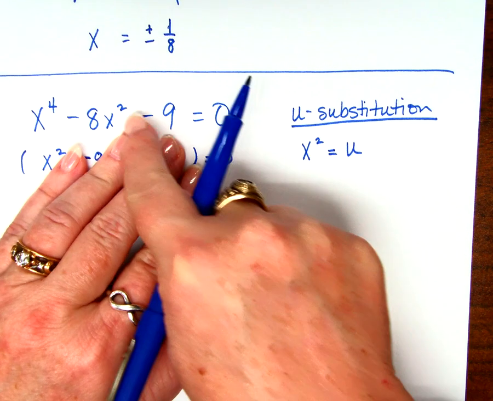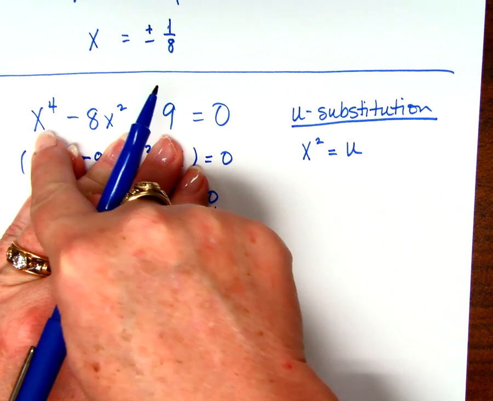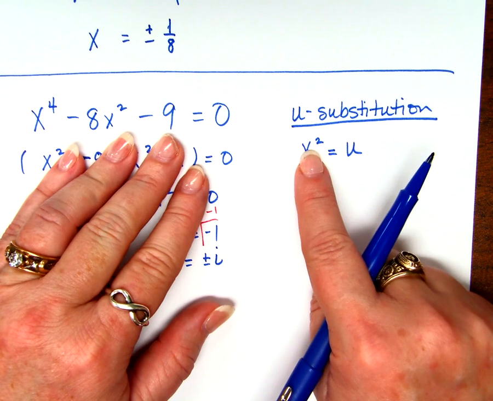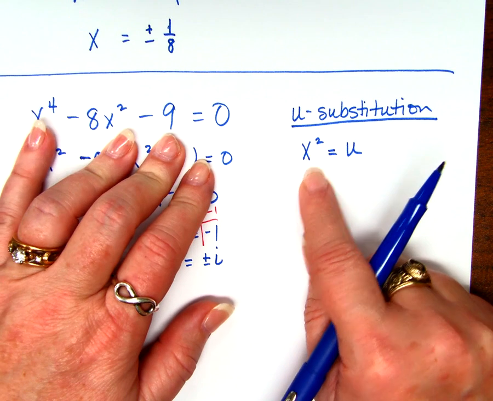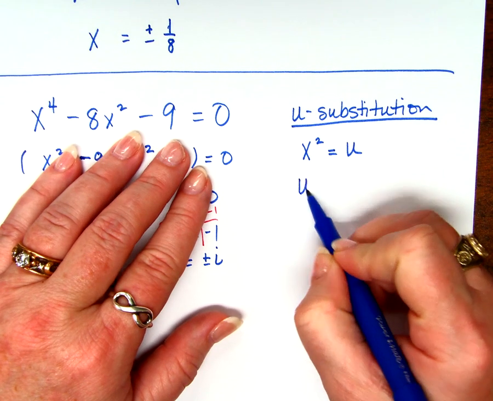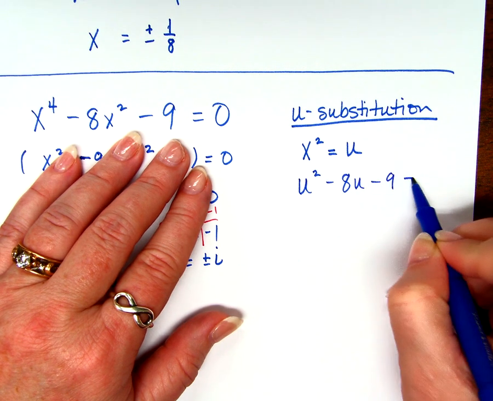So this would be a u, and this would be a u squared, because in order to get from x squared to x to the fourth, I would have to square it, right? So I would have then u squared minus 8u minus 9 equals 0.